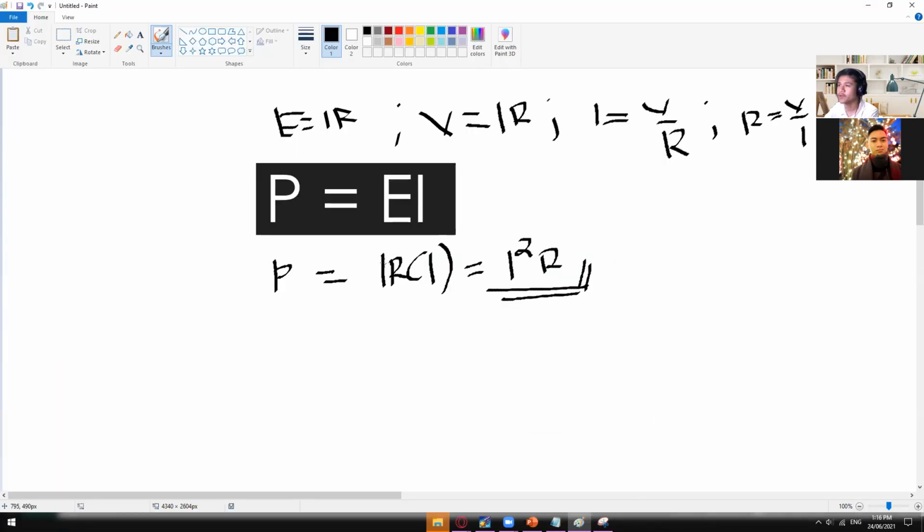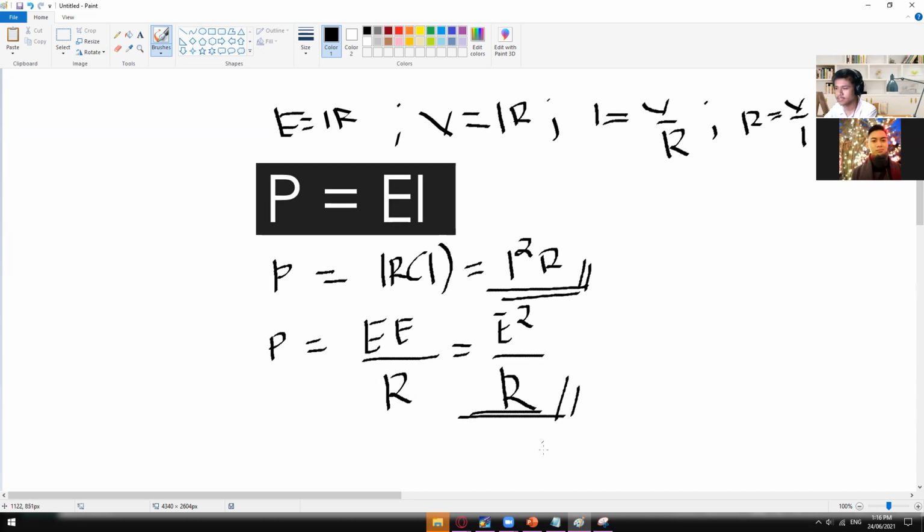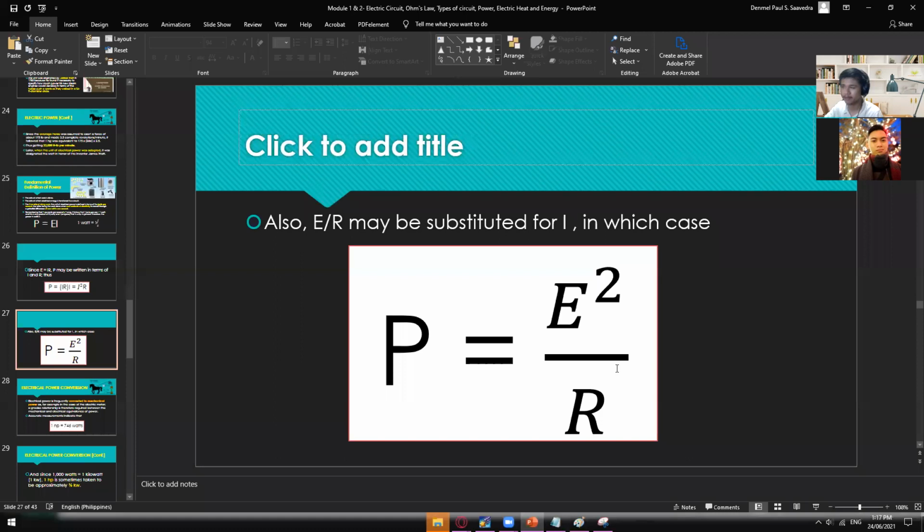If we don't have, let's say, I, you can replace this I right here using this formula: I is equal to V divided by R, wherein V is the same as E, so I'll just put E here for consistency, divided by R. If we simplify this a little bit more, this will become E squared divided by R. So that's how we got this E squared divided by R right here. Okay, are we clear so far?